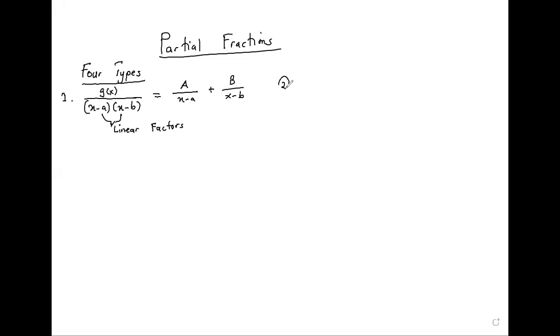The second type is of this same linear, but maybe you have a square there. Because of the square, you do A over x minus a plus B over x minus b.